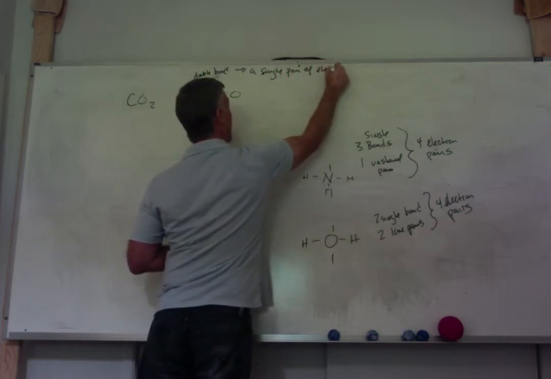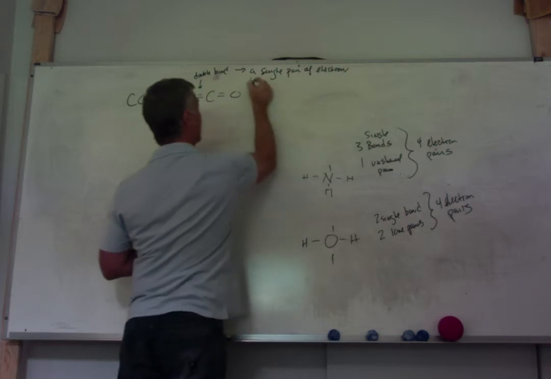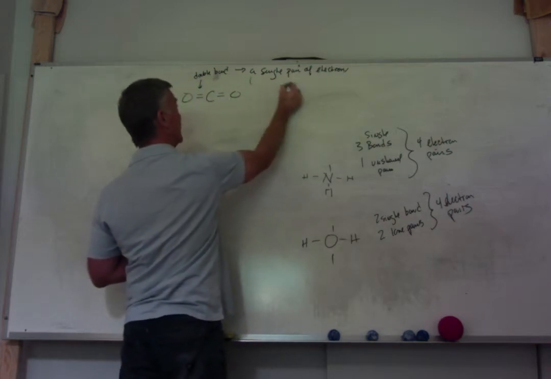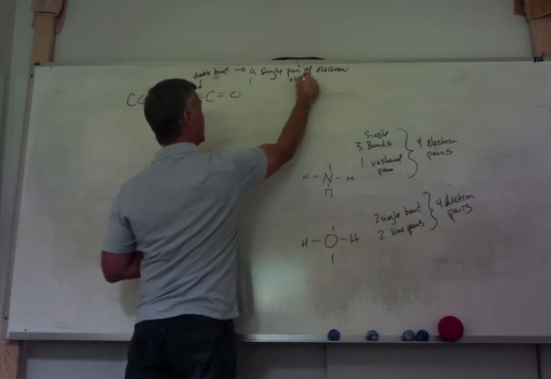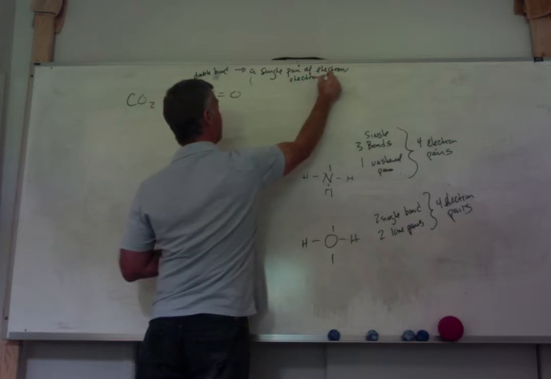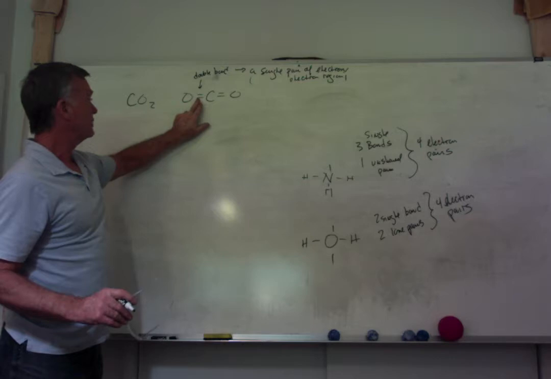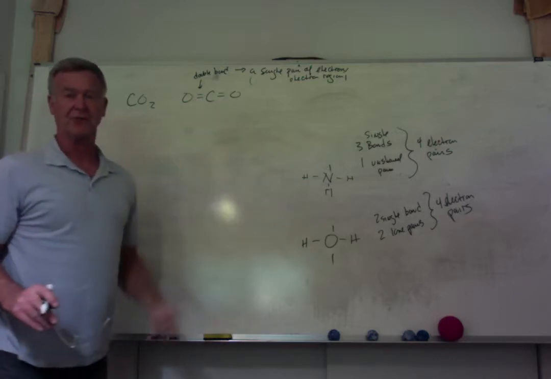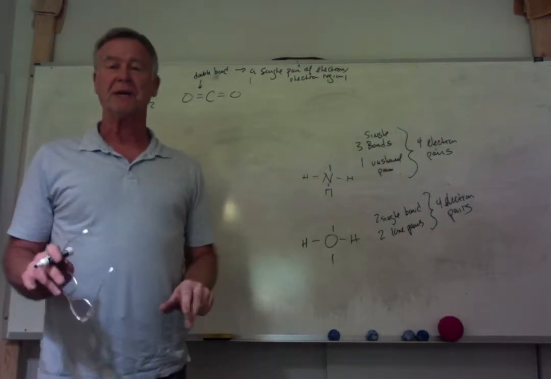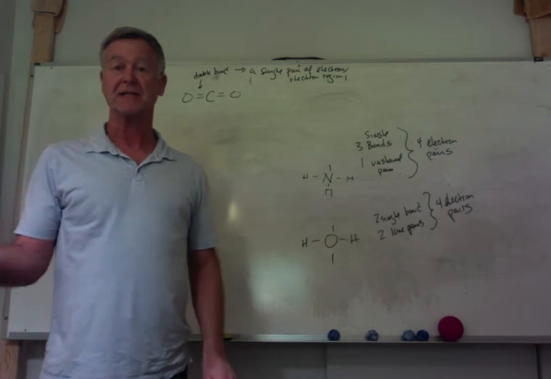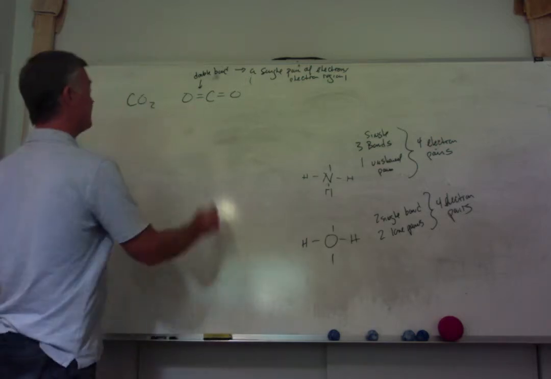And that's why I prefer to call this a single electron region. Right? So in other words, there's one electron region, another electron region. It doesn't seem important right now, but in our next video, it's going to make a big difference.